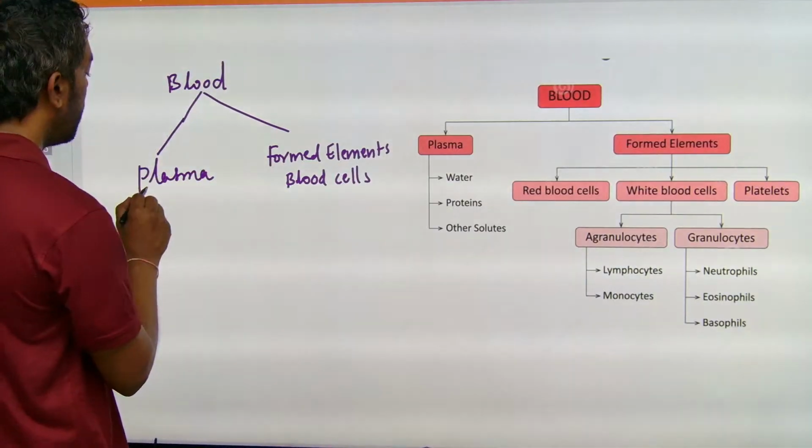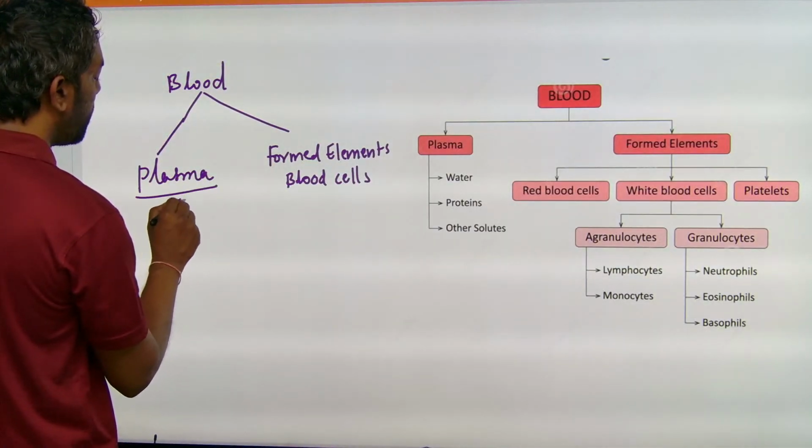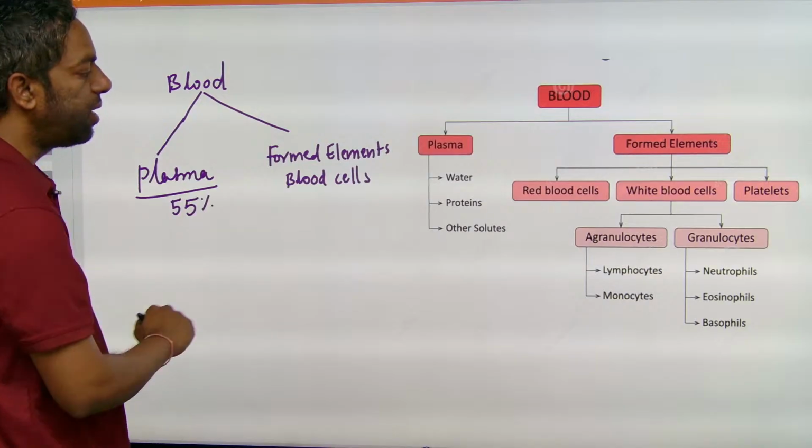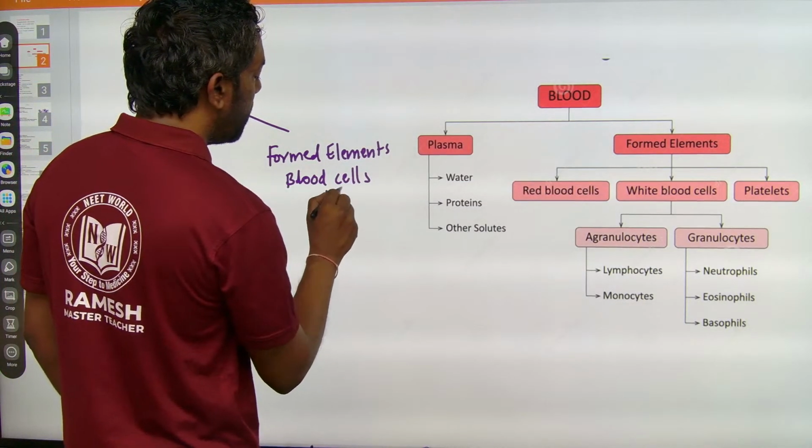Plasma is 55% of the blood, and formed elements are 45% of the blood.